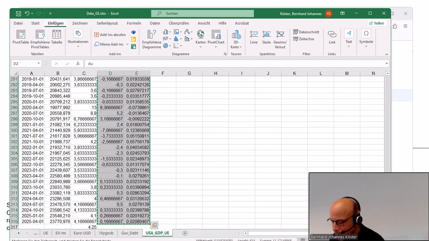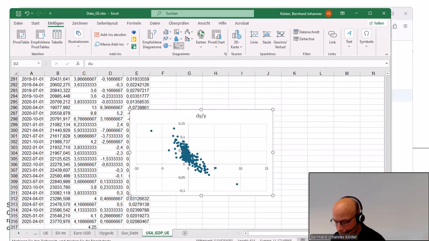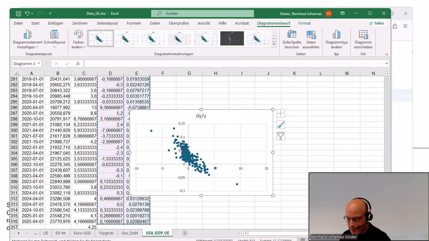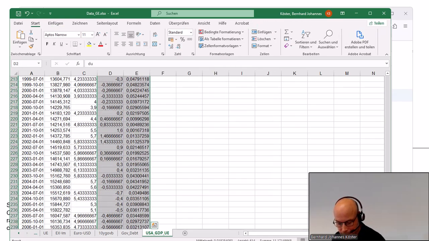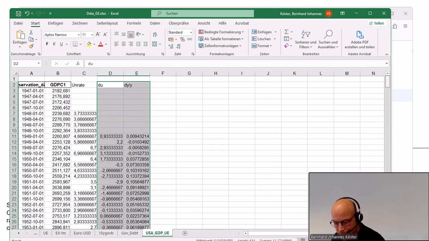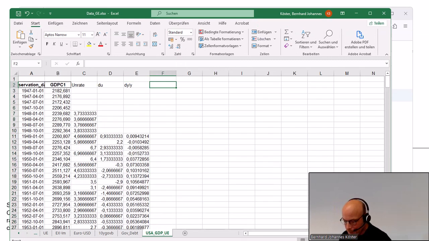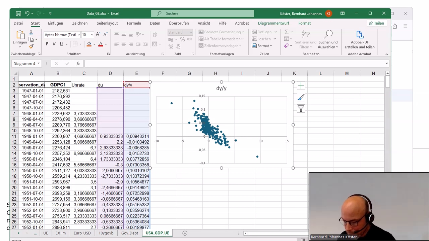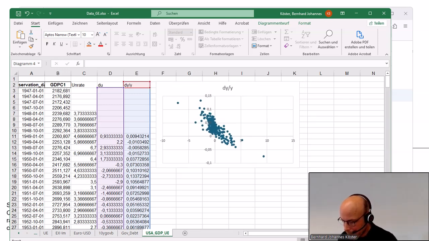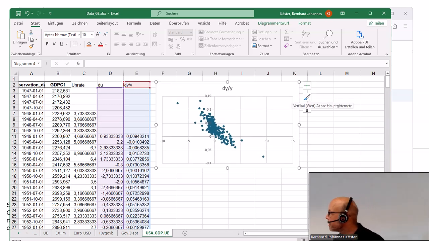One last try. I'm not able to copy some file. Now it worked. And be also careful in your term papers to provide the names of the axes, because right now we don't know which is which.